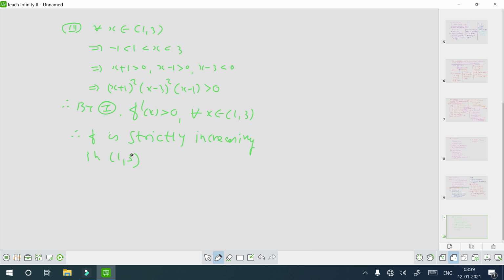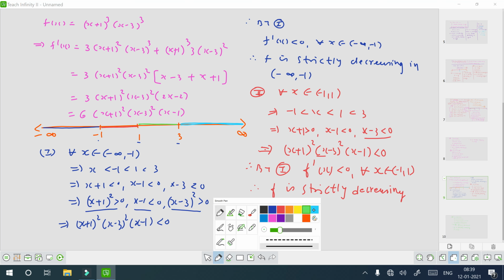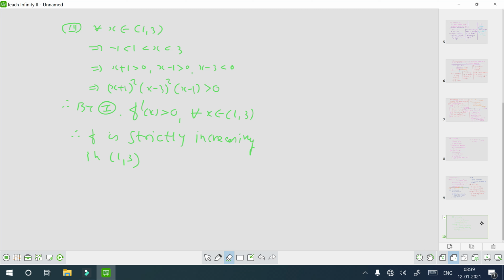Now you can see here, last one is 3 to infinity. Let us see the fourth part. For all x belongs to 3 to infinity, this says x greater than 3, greater than 1, greater than minus 1. This says that x minus 3 greater than 0, x minus 1 greater than 0, x plus 1 greater than 0. All these things are positive.